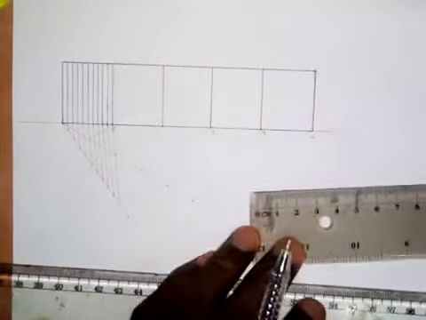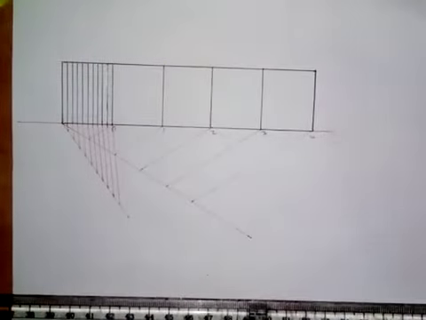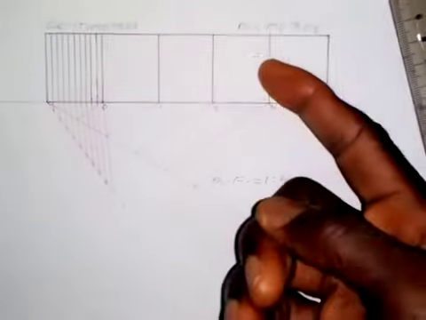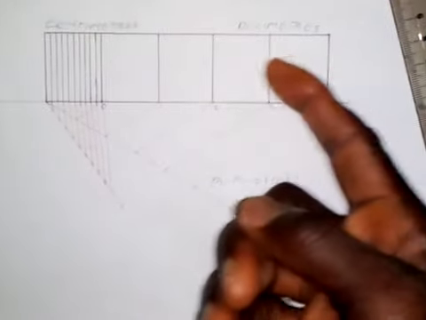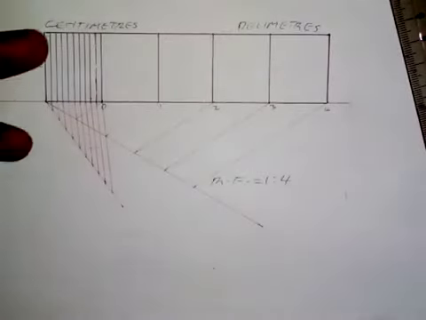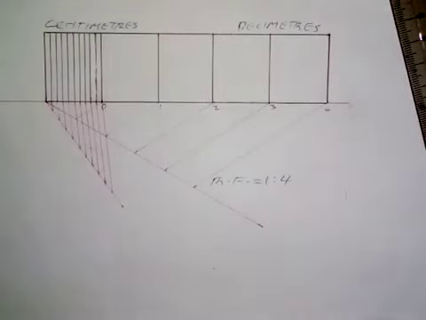Alright, so this is how the scale will look with all that we have done. It is important that when you are done, you write the units for this part, as each of these is 1 decimeter, and each of these is 1 centimeter.